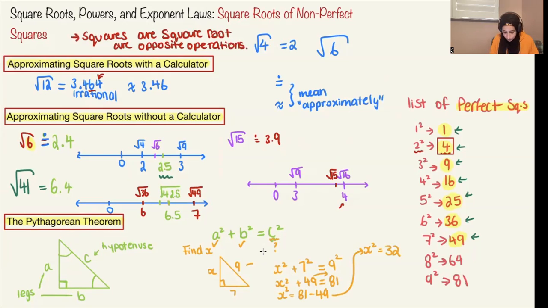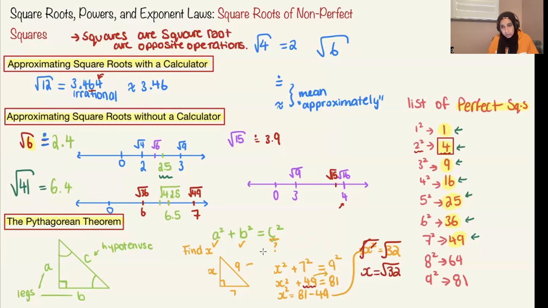And what that means is that if I ever have a square and I want to get rid of that, did you see how we got rid of this 49 by subtracting 49 from both sides? If I want to get rid of the square, I do the opposite operation, just like I did with the 49. The opposite of addition was subtraction. The opposite of square is square root. And so I square root both sides. These two cancel out because they're opposite operations. And I'm left with x is equal to the square root of 32.